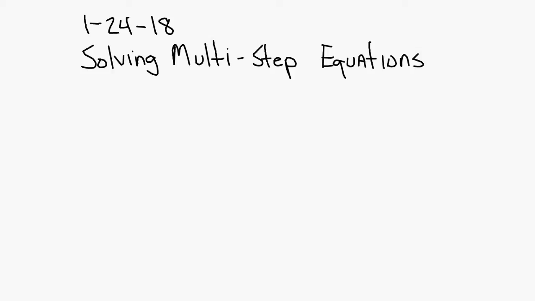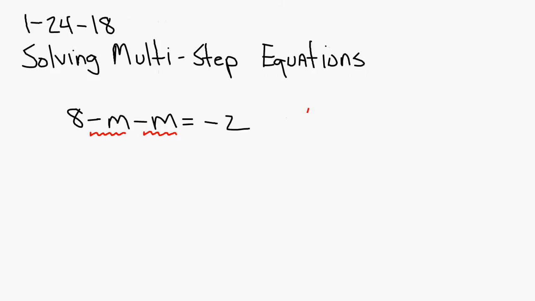So let's start off with 8 minus m minus another m equals negative 2. Now, when you see multiple variables, in this case, 2 negative m's on the same side of the equal sign, the first step in solving that problem will be to combine like terms.